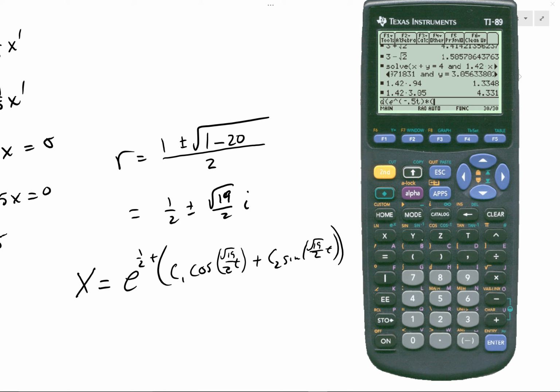Then I'm going to put a y where there's a c1 times the cosine of square root of 19 divided by 2t, parentheses, plus I'm going to put a z times the sine of the square root of 19 divided by 2t, parentheses, comma, t, parentheses, cross your fingers.